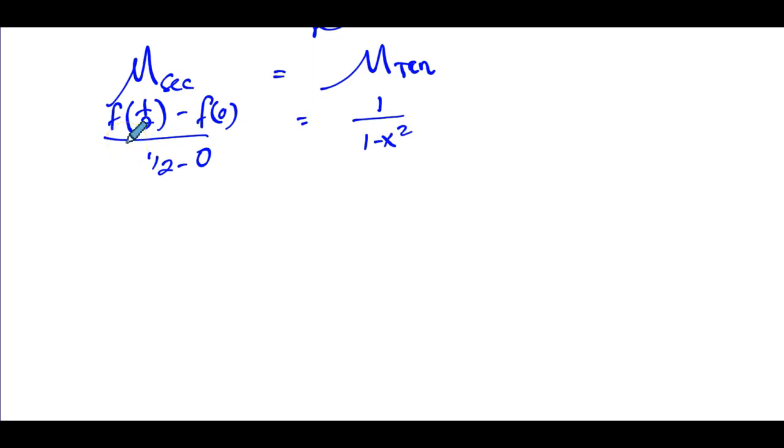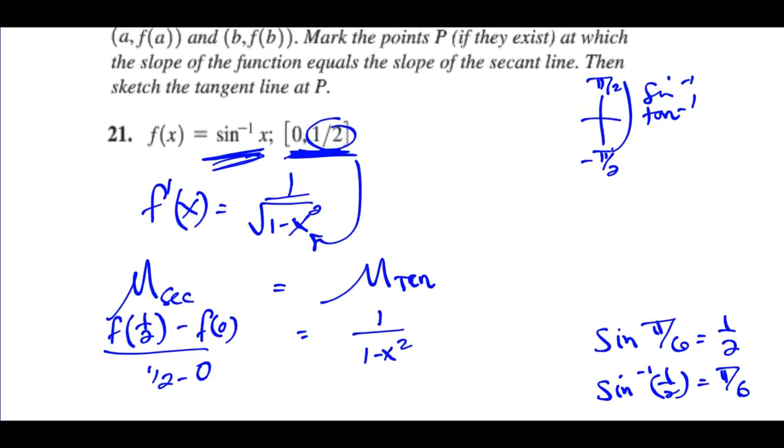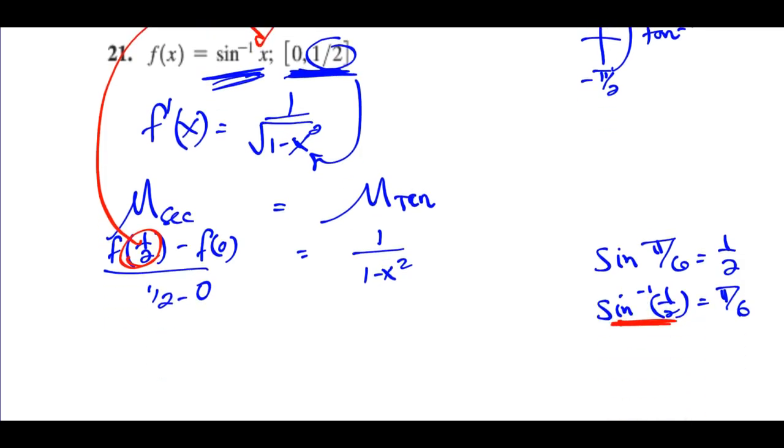So here's a little bit of trig. We know that the sine of pi/6 is 1/2, so the sine inverse of 1/2 will be pi/6. That's the first thing they're asking for. Plug in a 1/2 right here, and that sine inverse of 1/2 turns out to be pi/6.